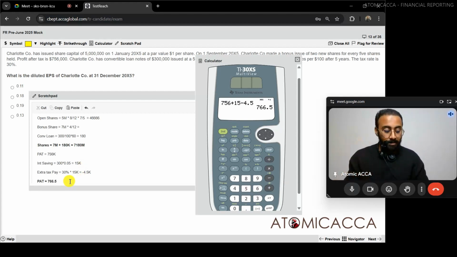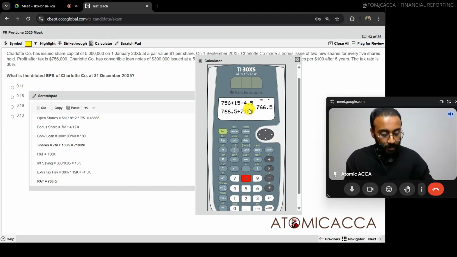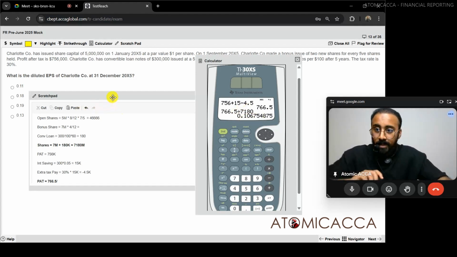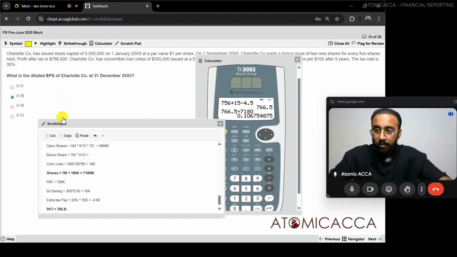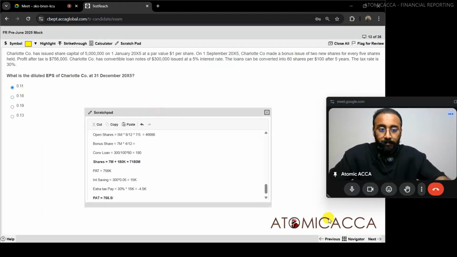Dividing 766.5 by 7,180, the shares, gives 0.1067. When rounded off, it becomes 0.11. So 0.11 is our answer, and we have the solution for this one.